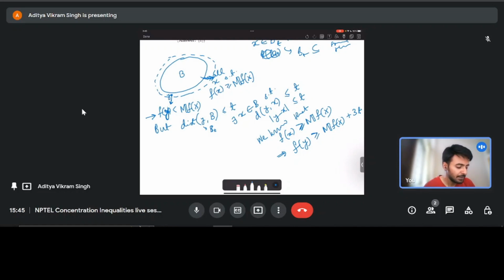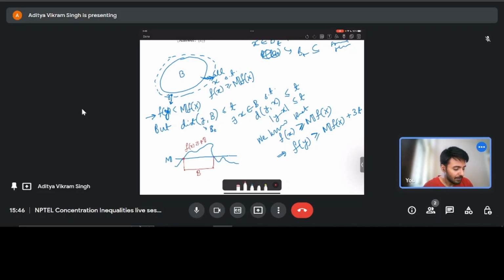Okay, so suppose this line is the median. And suppose this is the function f(x), and so we know that this set is B, because here f(x) is less than or equal to the median, right?